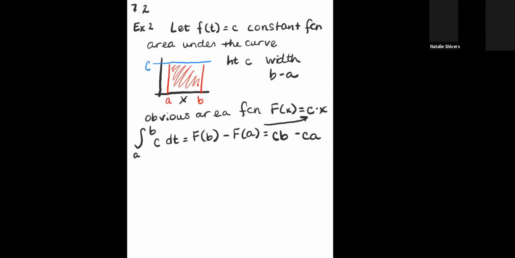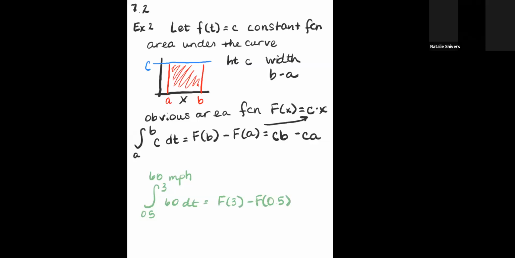Okay, so we did do this the other day. We did this when we had the constant function of 60. So we're going 60 miles per hour. So if we did that, we went from half an hour to 3 hours at 60 miles an hour. We would have evaluated f at 3 minus f at 0.5.